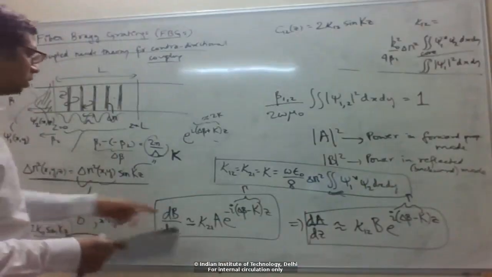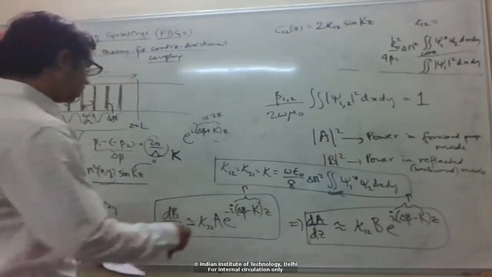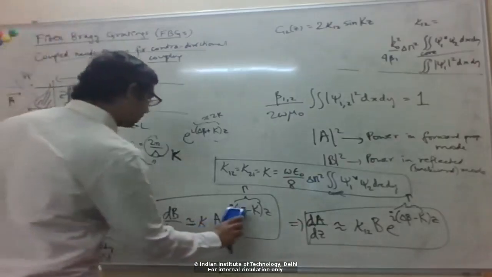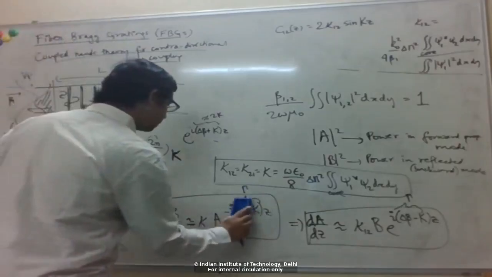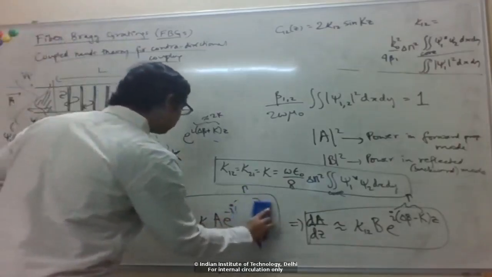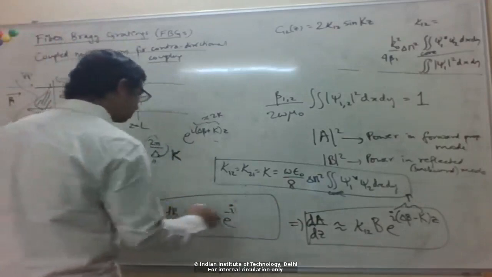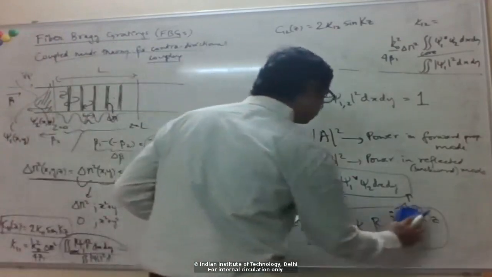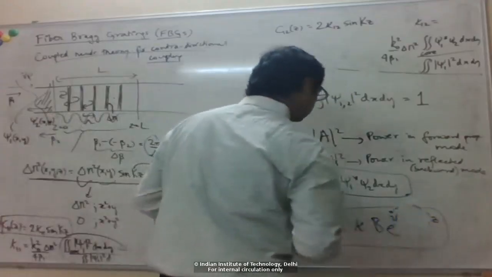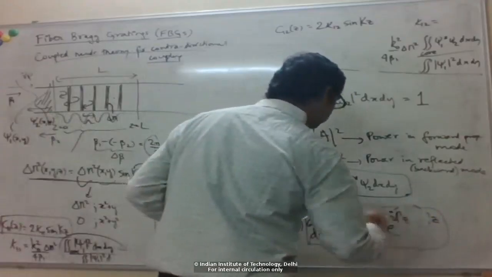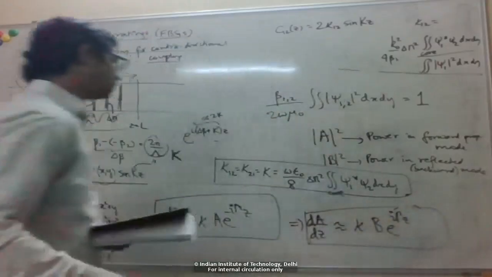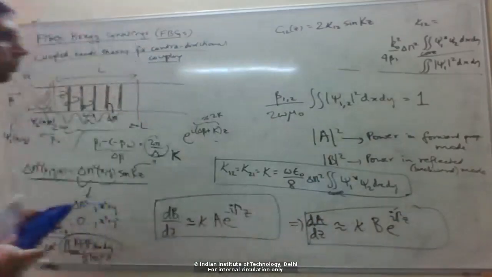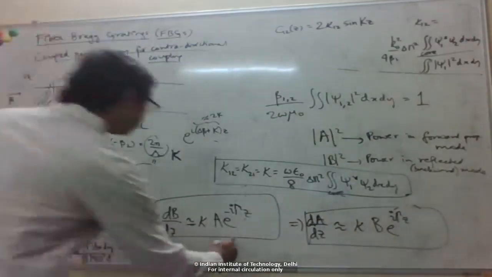Okay, so then I can write the equations as this kappa, and then I replace this by capital gamma. Okay, so these are the coupled equations I end up with.